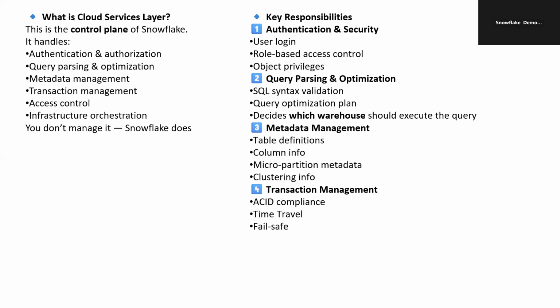It also handles metadata management: whenever a data load completes, it takes care of metadata like max, min, and not null values, and query pruning. It also covers caching, transaction management, access control, and infrastructure orchestration.